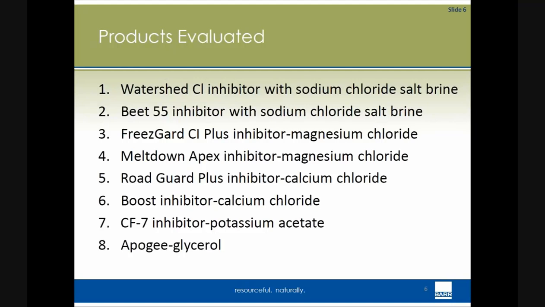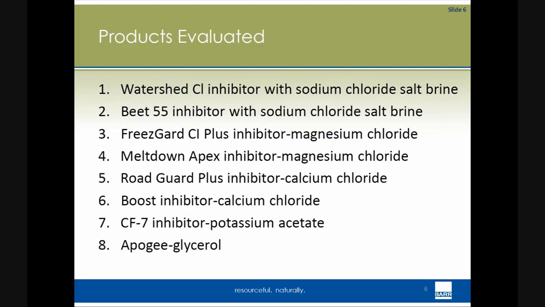The 8 products were chosen prior to conducting the study, and we chose 8 different types of products. The first one was Watershed CI, which is an inhibitor with sodium chloride salt brine. We also chose more of an experimental inhibitor. And feel free, anybody, to contribute if you'd like about these products and how they may apply and how they were chosen.